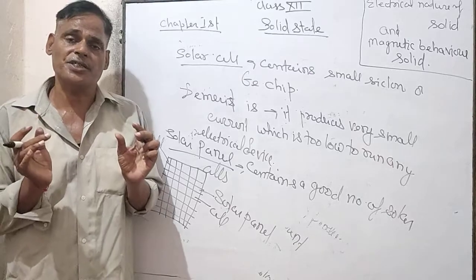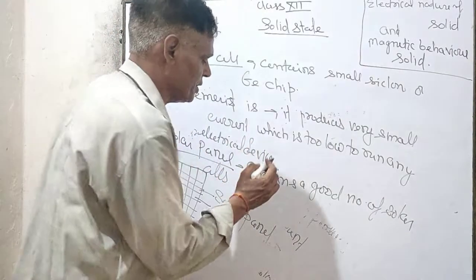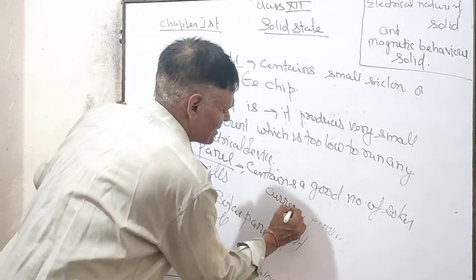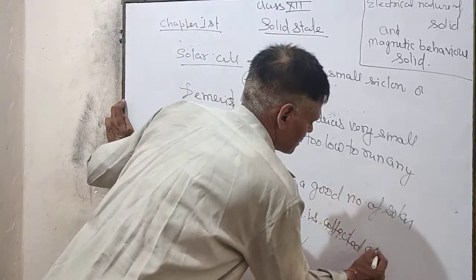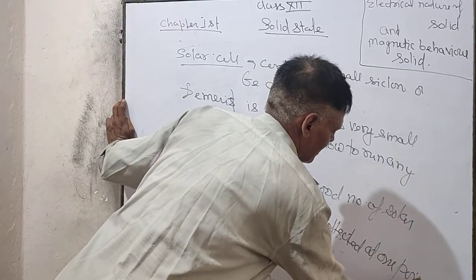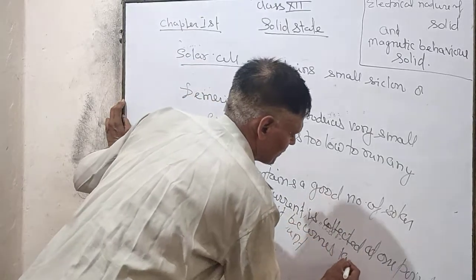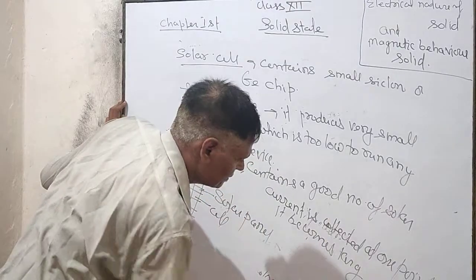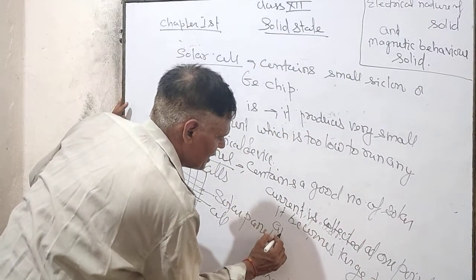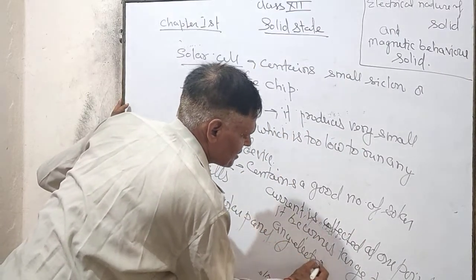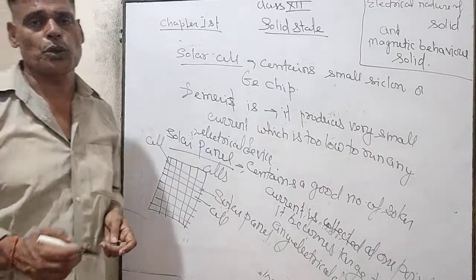All currents produced by solar cells are collected at one point, and it becomes large enough to run any electrical device. That is your solar panel.